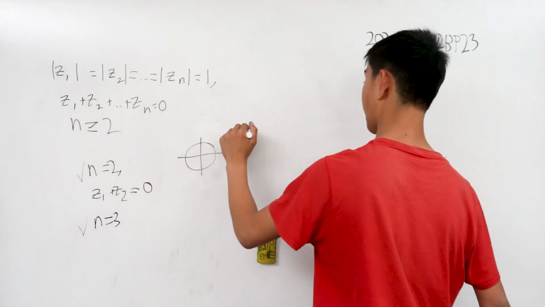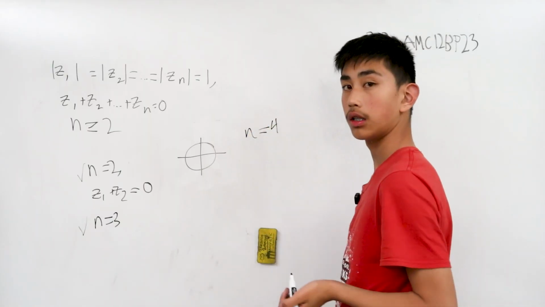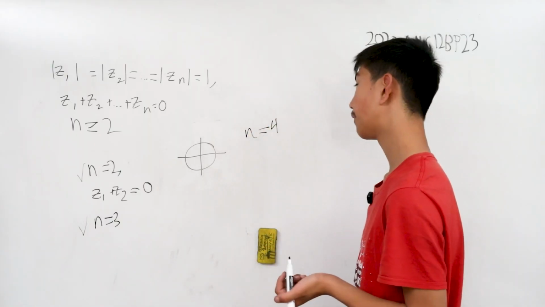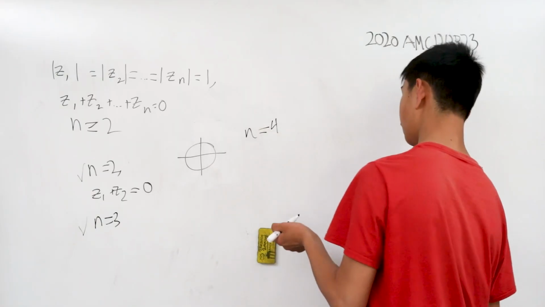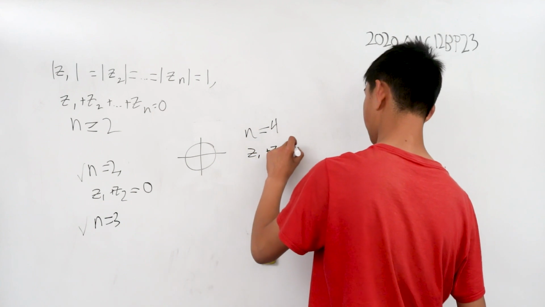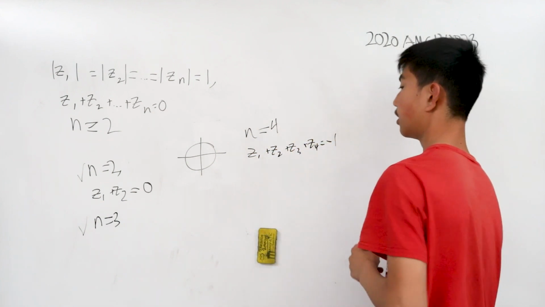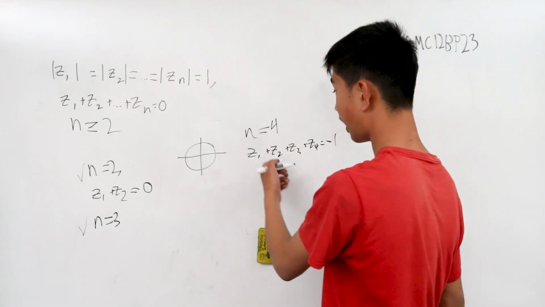Now, n equals 4. If you have 4 roots, they sum to -1, z1 plus z2 plus z3 plus z4 sum to -1. And this case does not work.